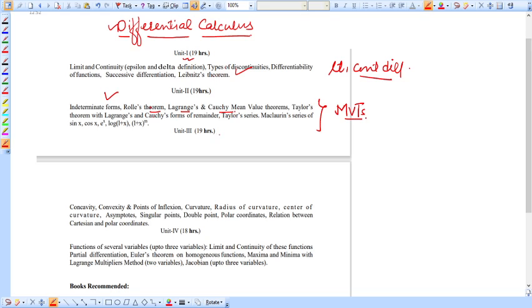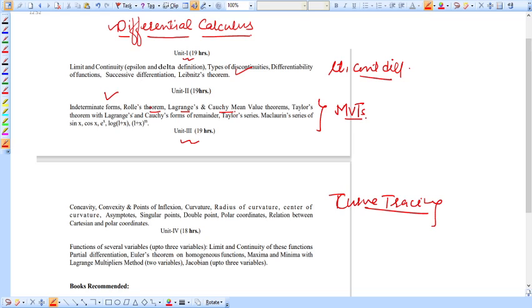And in unit 3 we will be tracing curves. Curve tracing will be the main topic of this unit.